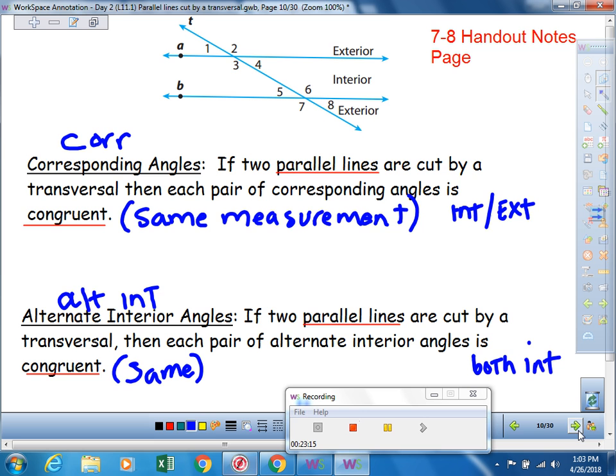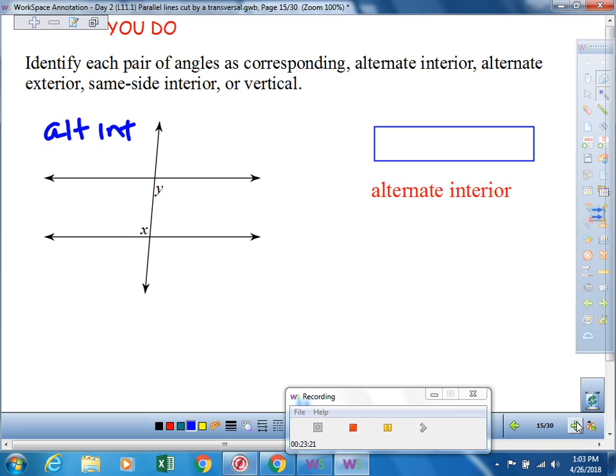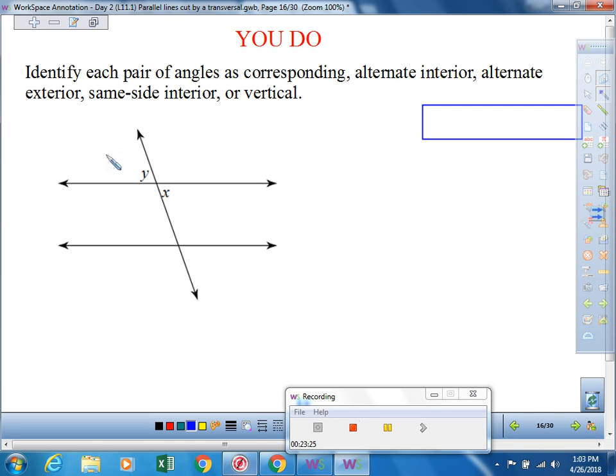All right, ready? Okay, so Stephen got that one right. Okay, draw this real quick, name it. And again, you can use the front of your paper to help you. All right, compare it to your shoulder partner.